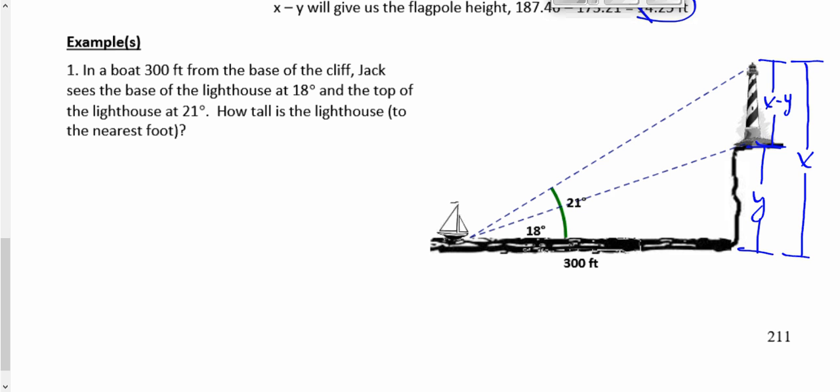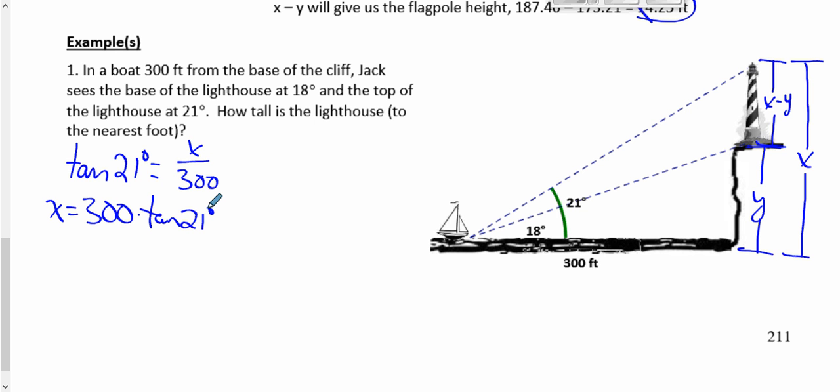So the angle is what, 21? And what's the trig function? So we'll do tangent of 21 degrees, right? Equals X over 300. So X equals, if I multiply 300 by both sides.